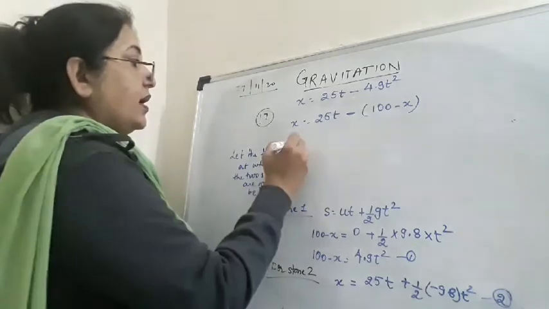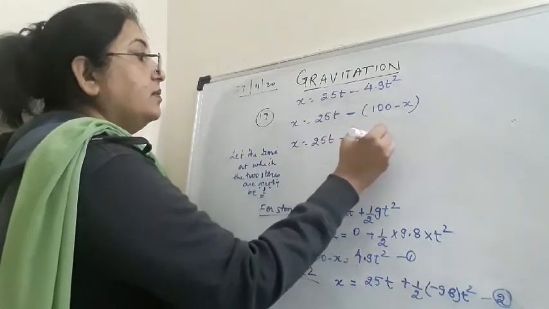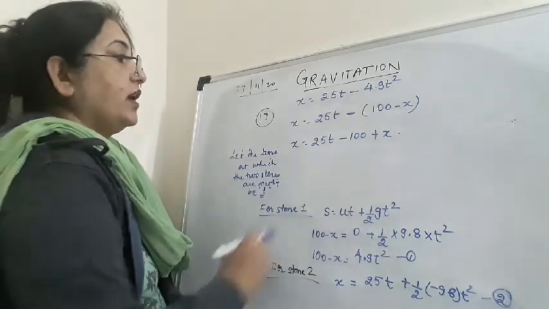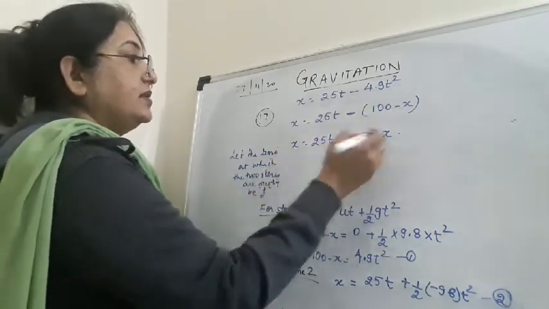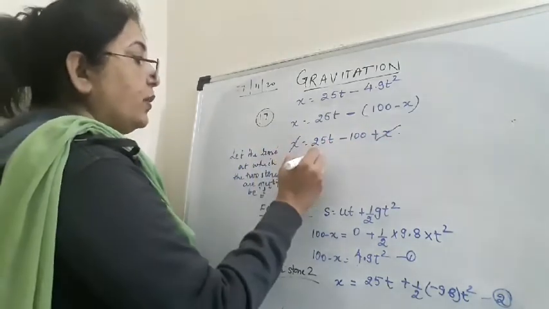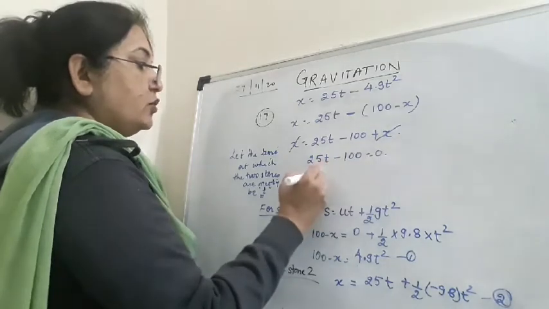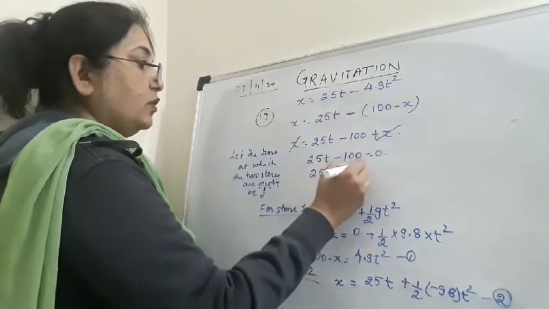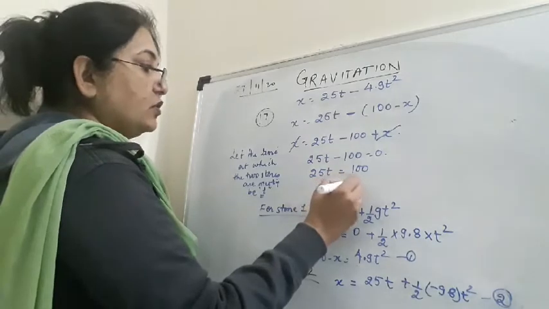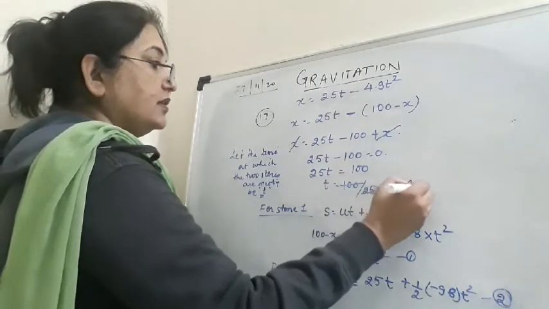Now x will be 25t minus 100 plus x. So we have x and x will cancel, because if I bring this x here it will be 0. So 25t minus 100 is equal to 0. 25t is equal to 100. T is equal to 100 by 25, that is 4 seconds.